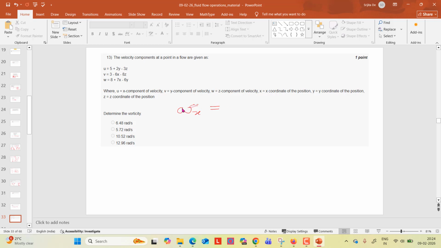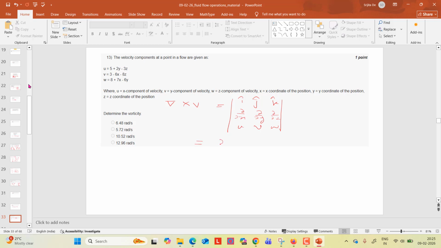So curl of V, if we do it, means in this case the i cap, j cap, k cap, del del x, del del y, del del z, u v w, right?